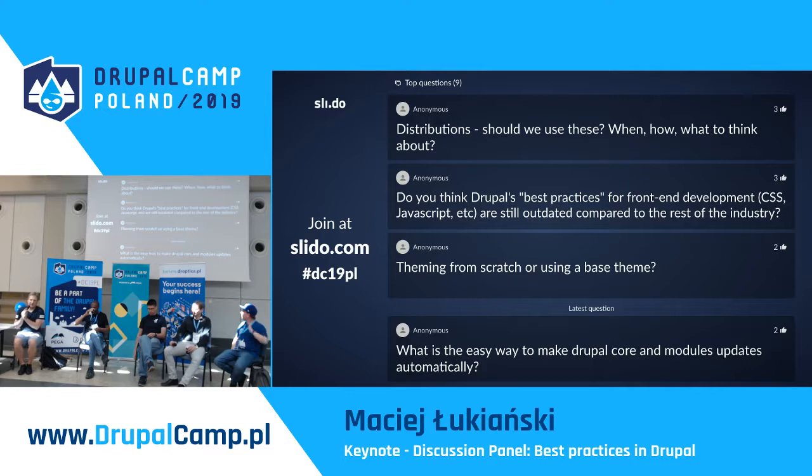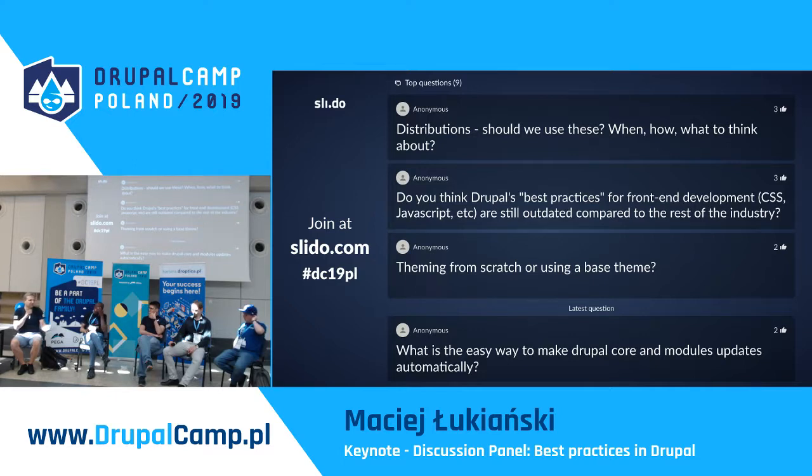So, distributions is our next question. Should we use them? When? How? What to think? Yeah, this is the question. There are many distributions in Drupal 7 that are not available in Drupal 8 anymore. And this is a tricky scenario.